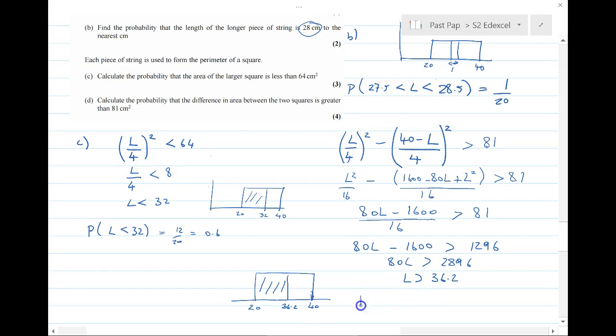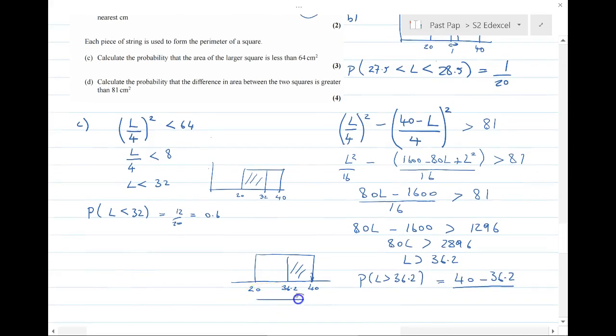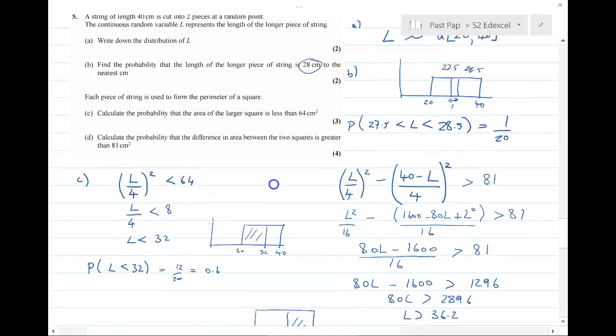So now we've got the probability that L is greater than, oh, it's the wrong area I've got. We want it greater than 36.2, which is that area. So that will be equal to 40 minus 36.2, divided by the length from here to here, which is 20, and that comes to 0.19. Okay, so let's have a look at question 6.